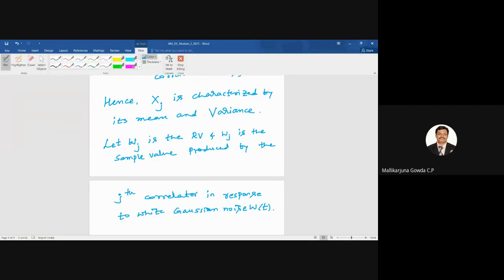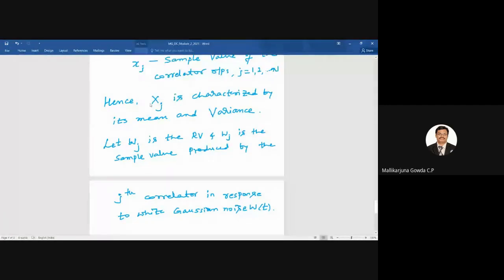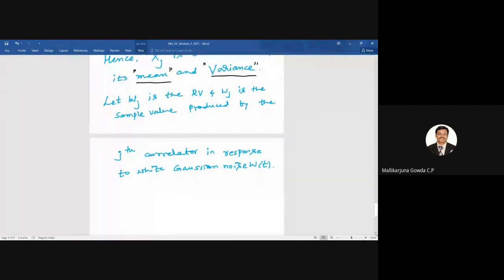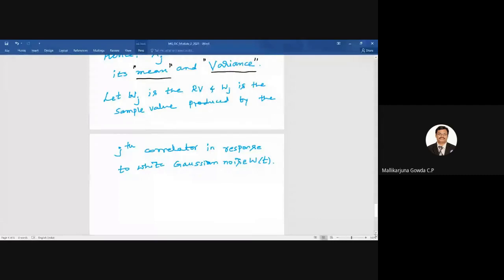These are the two important parameters which we are going to find out for this given random variable. In the same way, Wj is the random variable, capital Wj, and its sample value is small wj.